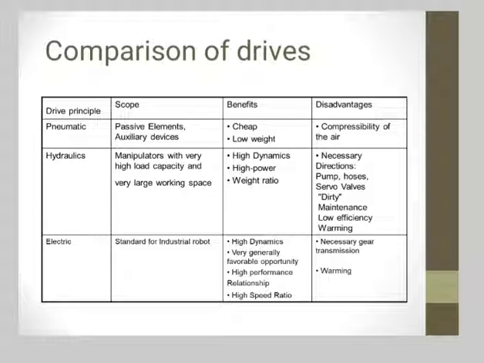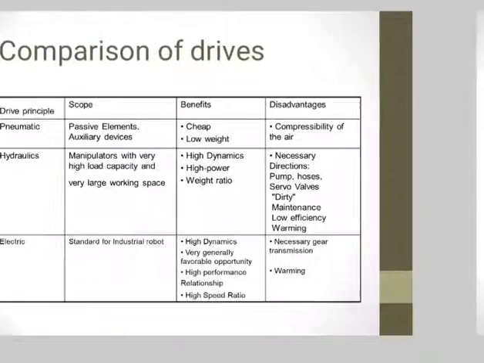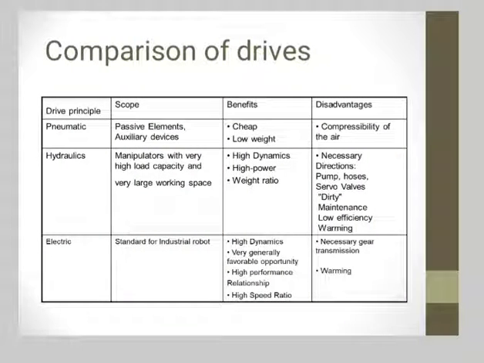Before going to the comparison, we will see the mechanical drive system. The drive system determines the speed of the arm movement, the strength of the robot, dynamic performance, and to some extent the kinds of application.